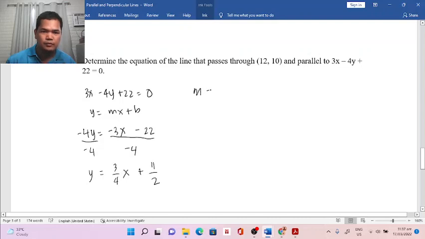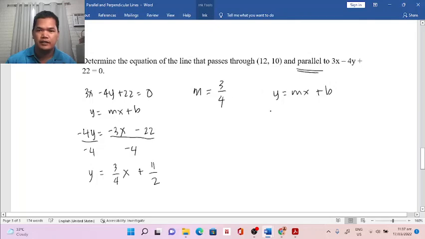So we could have our slope as 3/4. And since our line is parallel, we could use this also to solve for the equation that passes through (12, 10). So y = mx + b.